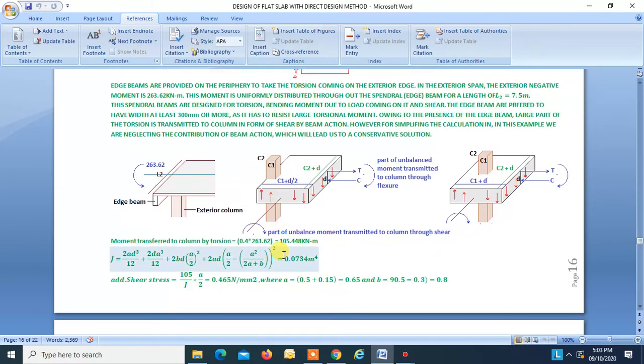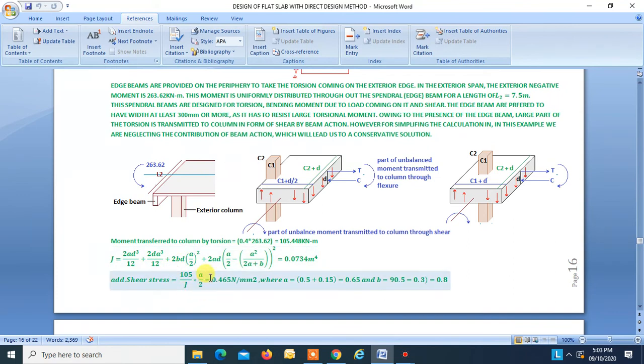Now, this is our moment into 0.4, that is 105.44. This is the moment that will be transferred as torsion to the column. So J for the exterior column is found by this formula, which is 0.0734 meter raised to 4.